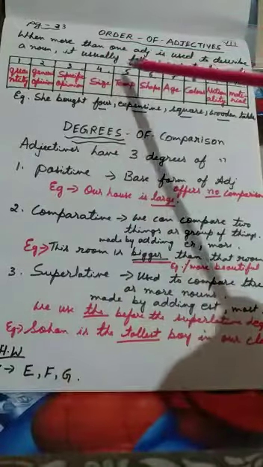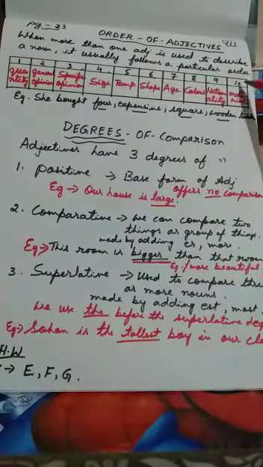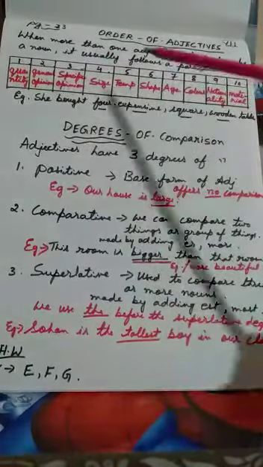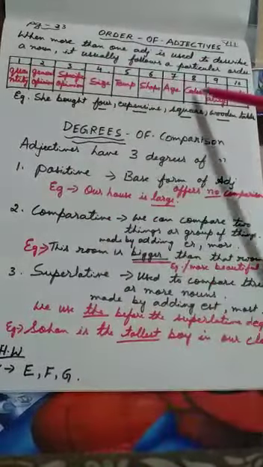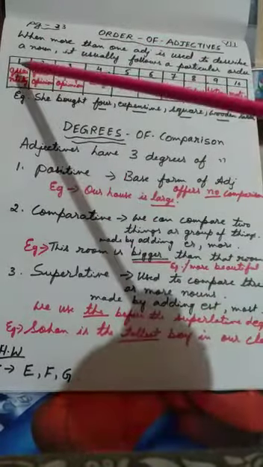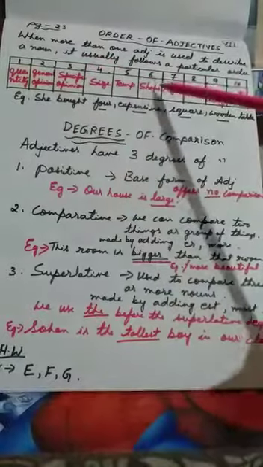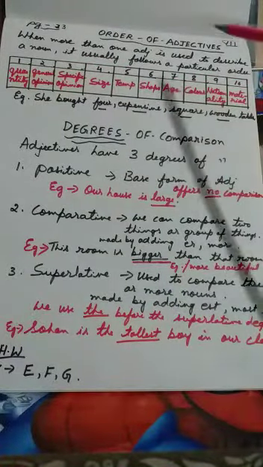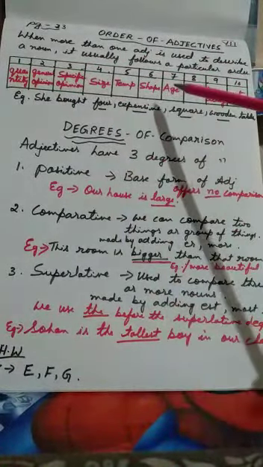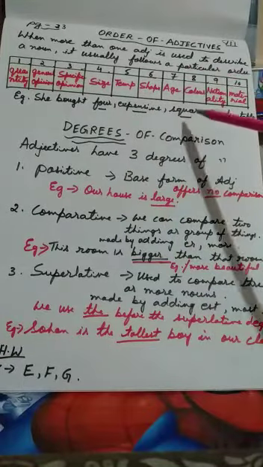How will you place them? This is a particular order. You can see this table, 1, 2, 3, 4, 5, 6, 7, 8, 9, 10. According to this, you have to arrange the adjectives.